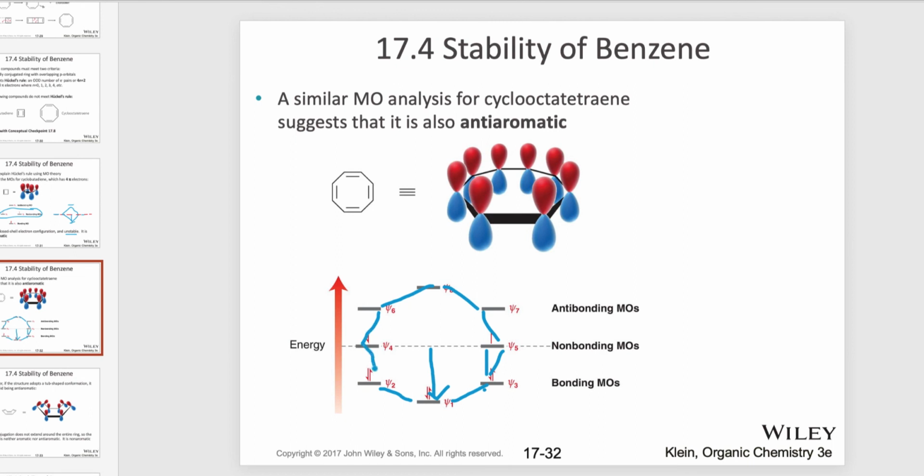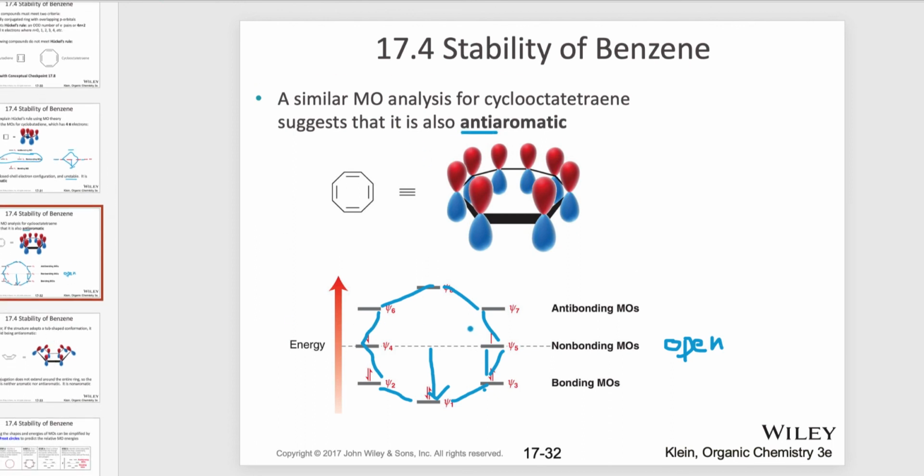So you have to align the cyclic component, and these would be the levels that you get, and then you can place 2 here, 2 here, 2 here, and again we have this open shell situation, 2 molecular orbitals on the non-bonding energy level. That's a disadvantage, therefore it's anti-aromatic.